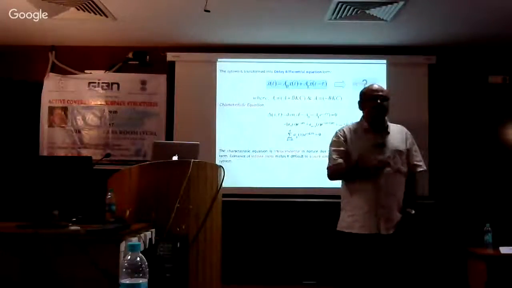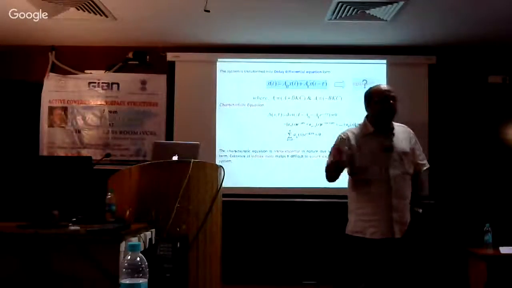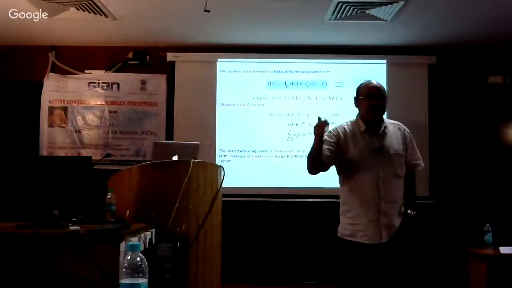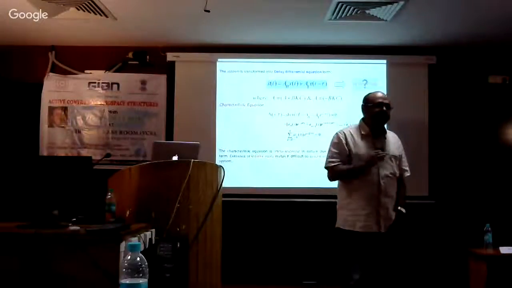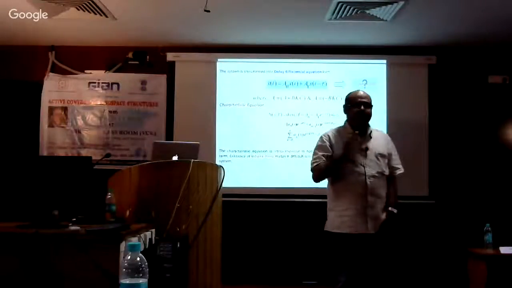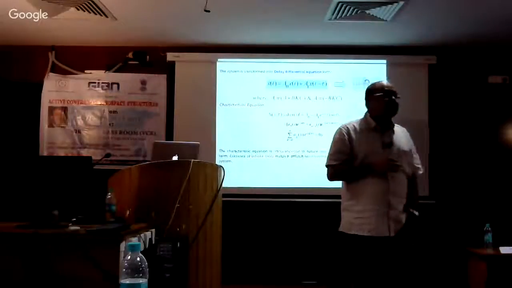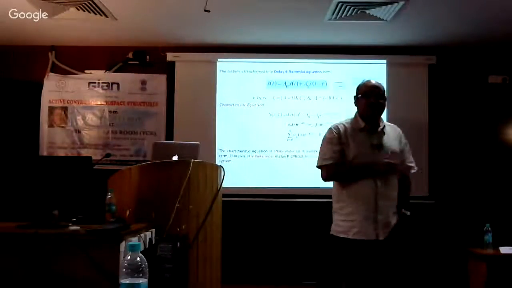Because of e to the power minus s tau, for any value of s, you will have an infinite number of roots that will satisfy this characteristic equation. Right? Any infinite dimensional mathematics is very hard to solve using finite dimensional mathematics. So you need to use a certain trick where an infinite dimensional problem can be solved using finite dimensional mathematics.